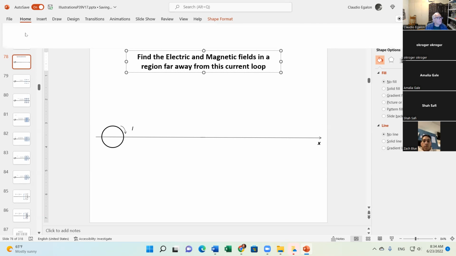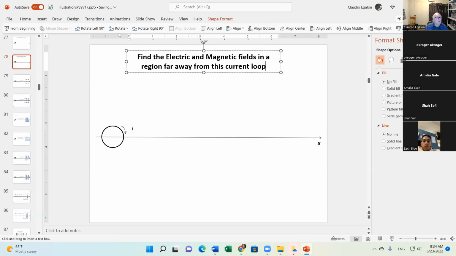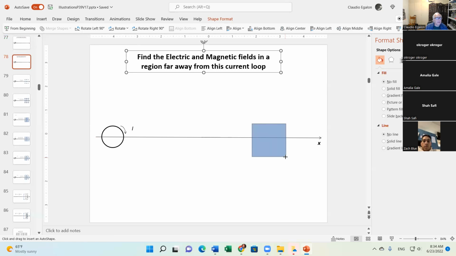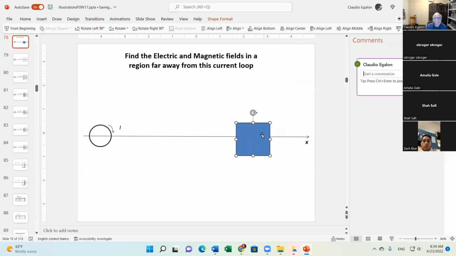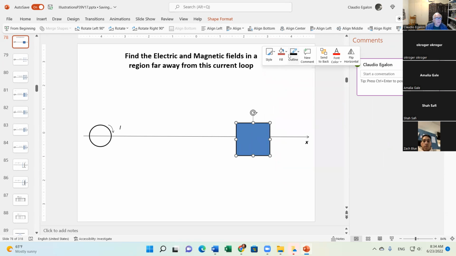Okay, so we want to find out what's going to be the electric and magnetic fields in the region somewhere around here.